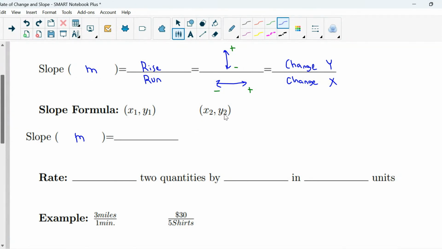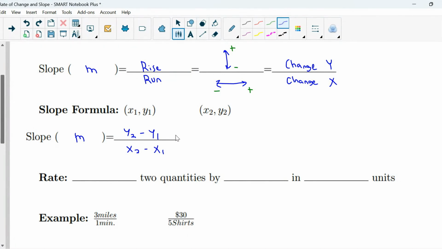We have the change in y, which is just y2 minus y1, over the change in x, which is x2 minus x1. So our slope formula is y2 minus y1 over x2 minus x1. This aligns directly with the definitions that we talked about: change is when you subtract, the change in y over the change in x.